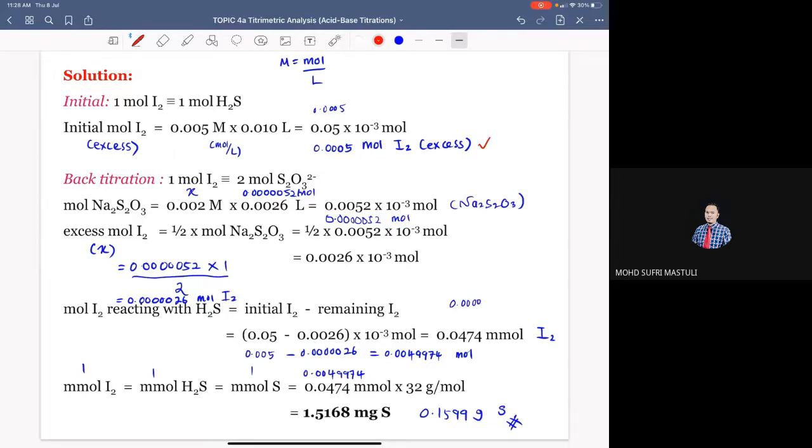Okay. What's wrong with my calculation? This one also correct.